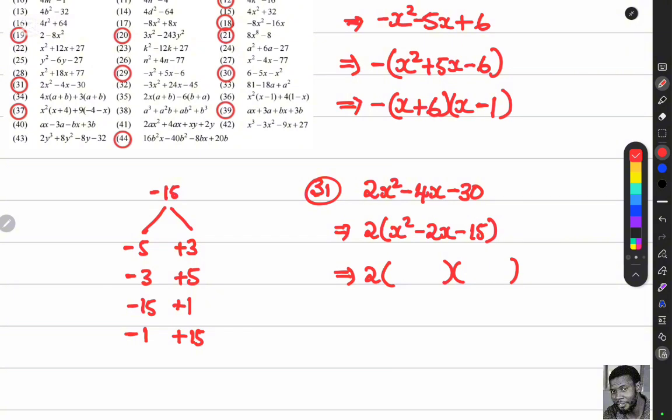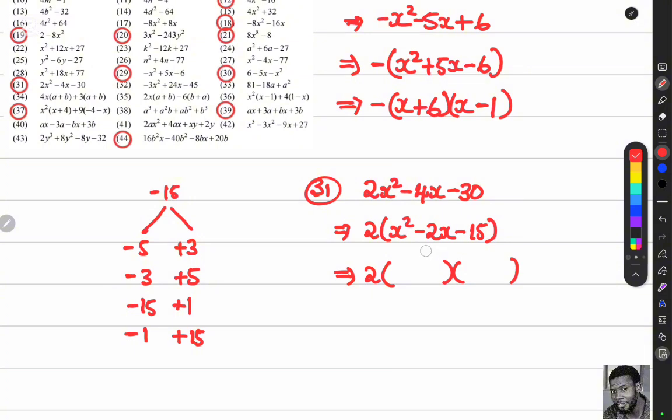So you look at the two numbers, you multiply them, you get negative 15, but you subtract them, you get negative 2. Let me repeat that. You look at the two numbers, you multiply them, you get negative 15. You add them, you get negative 5.